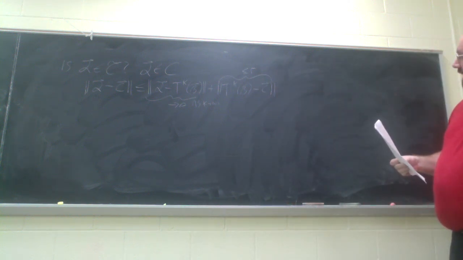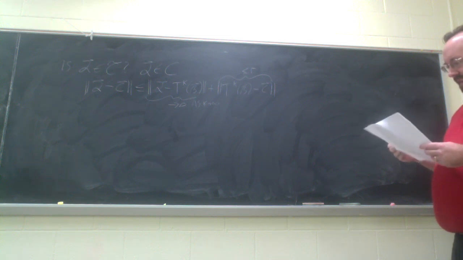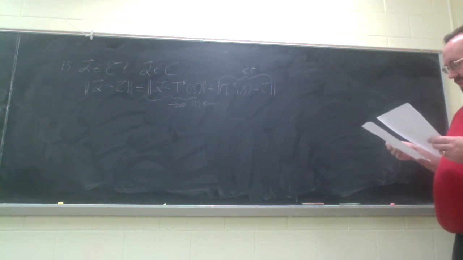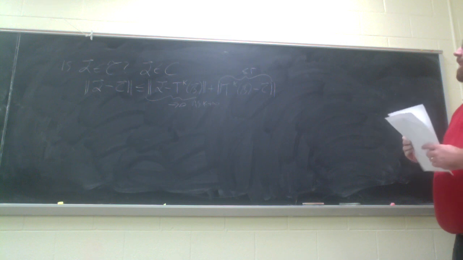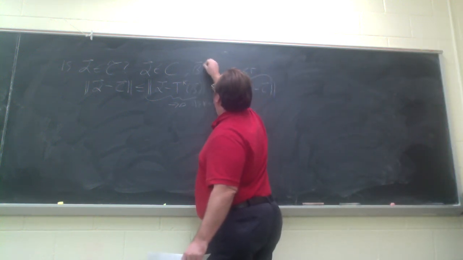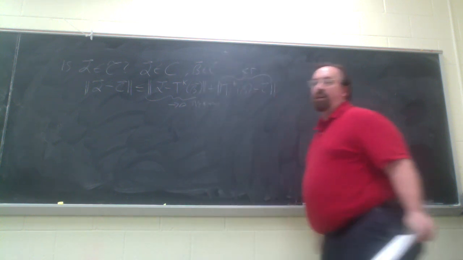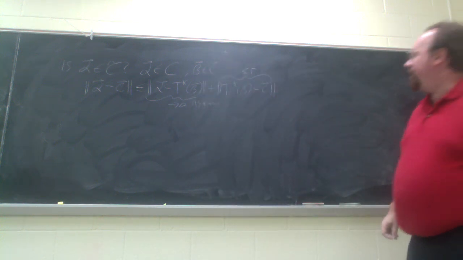And the reason for that is, okay, alpha is in C, so it has to be in the ball. Also, beta is in C tilde. We're assuming that.